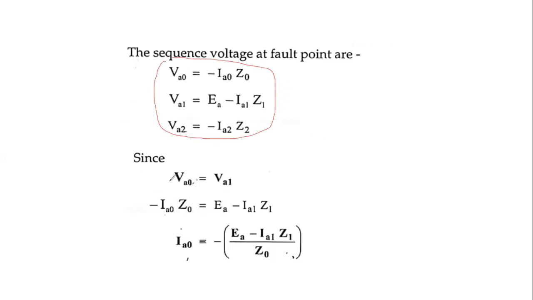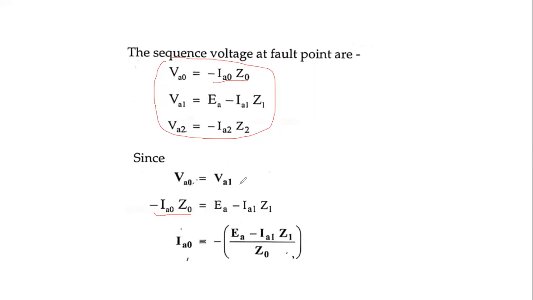In this type of fault, VA0 is equal to VA1. We substitute the VA0 value and the VA1 value in this equation. VA0 is equal to minus IA0 into Z0, which is equal to VA1, and VA1 is equal to A minus IA1 into Z1.